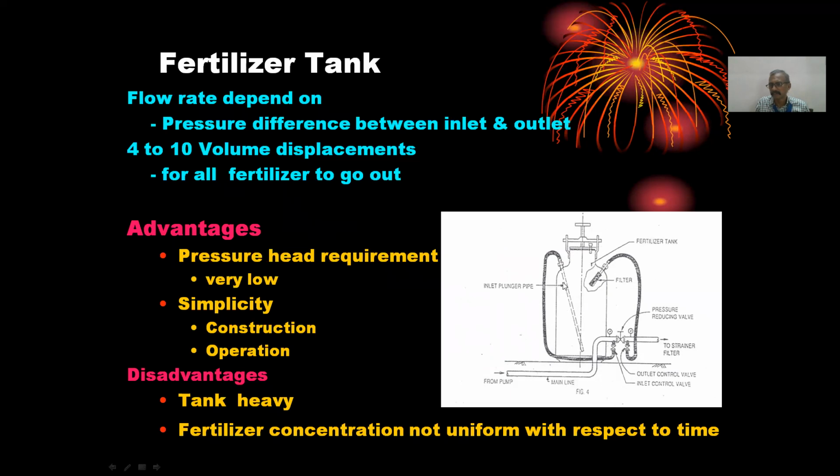And the flow through the fertigation tank can be adjusted by this valve. If you fully close, all water has to go this way. Partially close, then some amount of water will go this way and some amount will go this way.